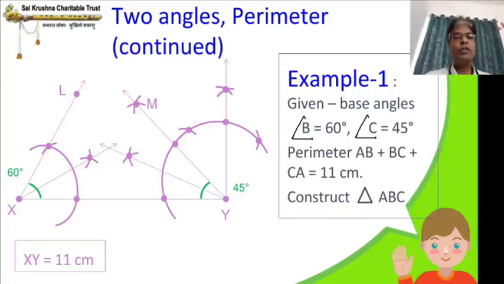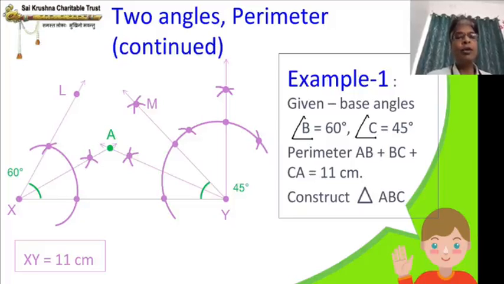Both the points are joining, name it as vertex A. So now out of three vertices A, B and C, we have got one vertex. So this is the third step. Correct? So angle bisector for X, angle bisector for Y, that is LXY and MYX, both are joining at a point called A. Now the fourth step is perpendicular bisector for AX and AY.